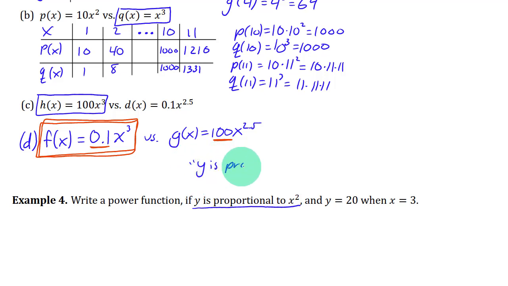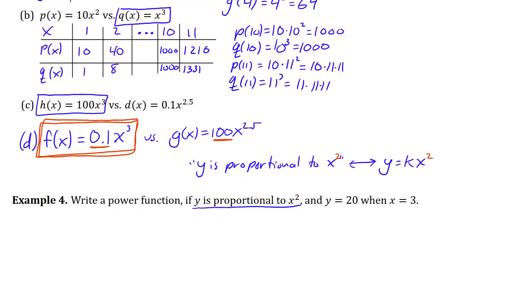We'd say y is proportional to x. What that means is y equals k times x to the p. Wait, no, just k times x, for some constant k. But if now we're saying y is proportional to x squared, then this should be x squared there.